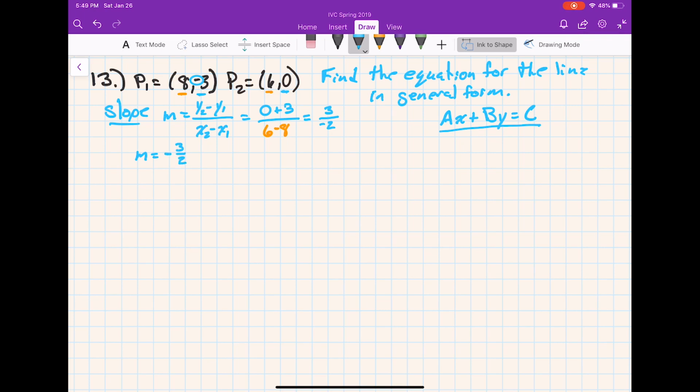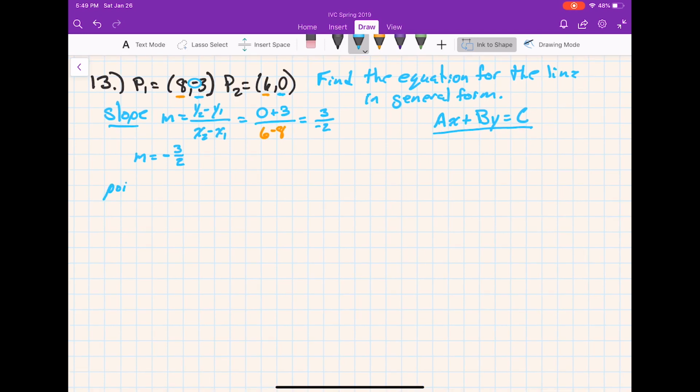Now, how do we get this into a general form? We can start with our point slope form, which, as a reminder, is y minus y sub 1 equals our slope times the quantity x minus x sub 1. It doesn't really matter, we could use either one of these points and plug it in.